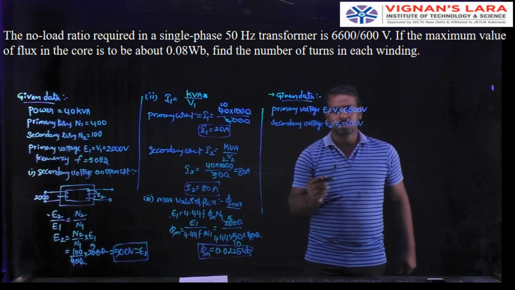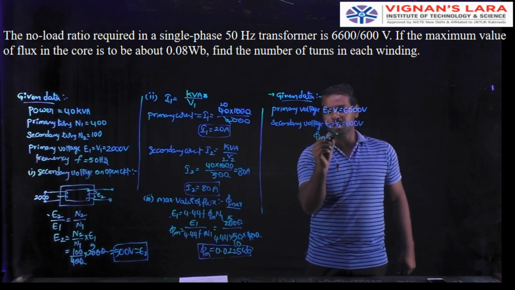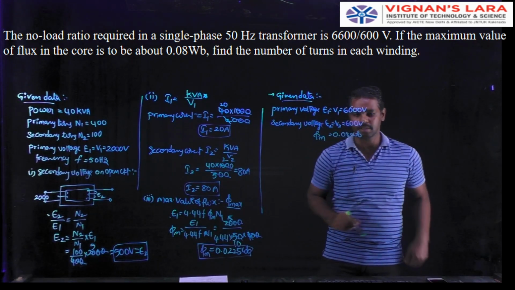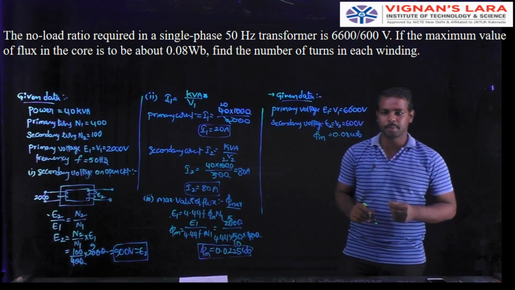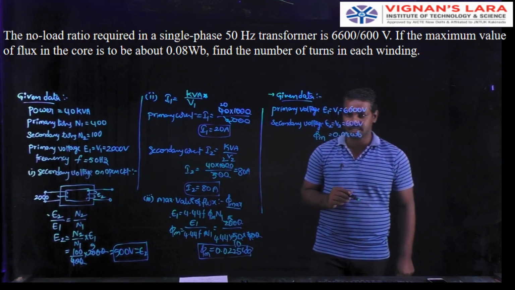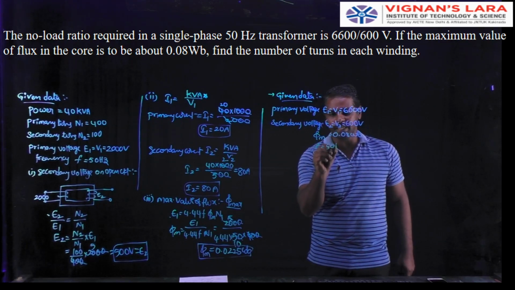Then maximum flux phi m is equal to 0.08 Webers. Find the number of turns in each winding. F is also equal to 50 Hz.